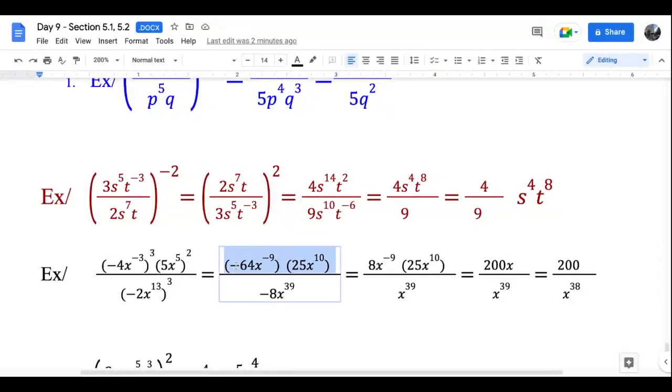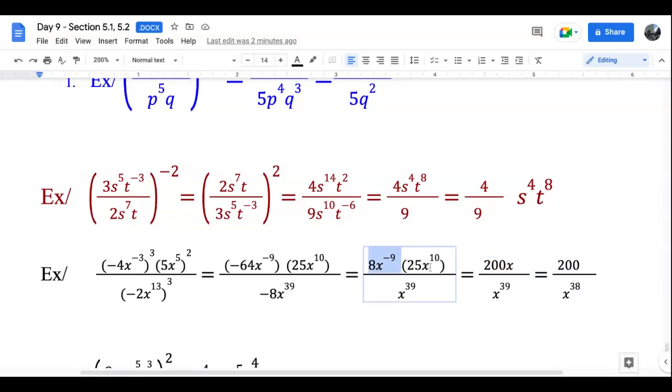Now maybe we multiply the numerator first. Oh, actually we can simplify, because the -64 and -8 can be simplified, right? Because the -8 goes into -64 8 times, so that becomes 8. 8x raised by 9, 25x raised by 10, then 8 times 25, that's 200.